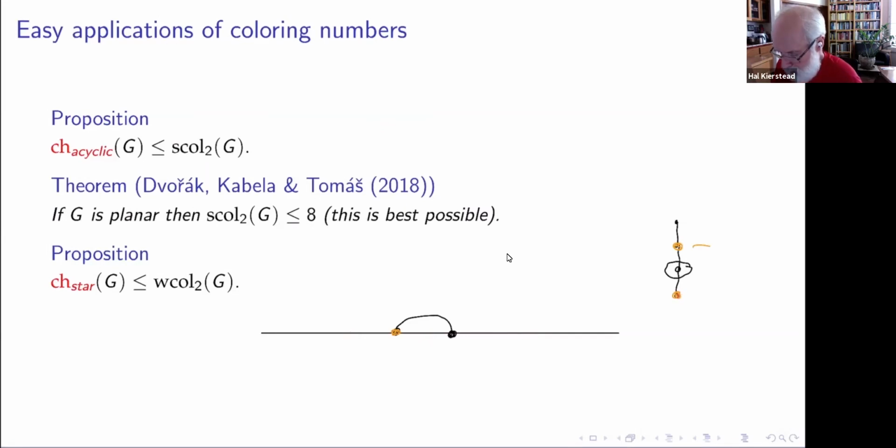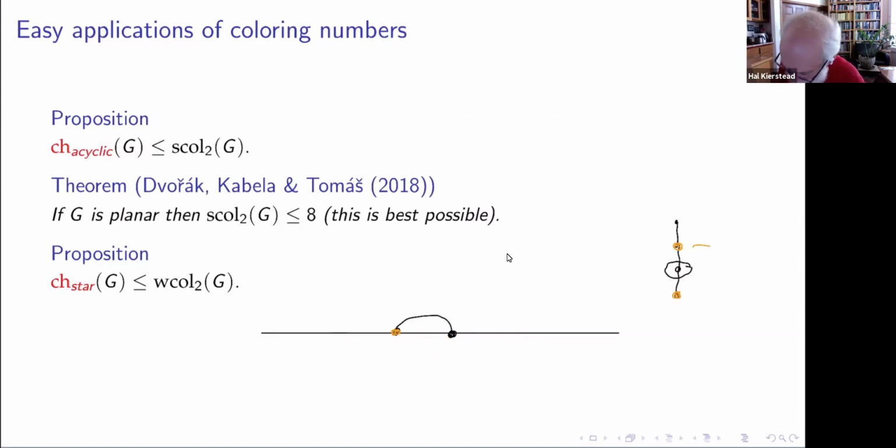But whether or not this guy is bigger than this one, or smaller, does make a difference. So let's look at both cases. As we've already seen, in this case we have to use 3 colors on those 3 vertices.